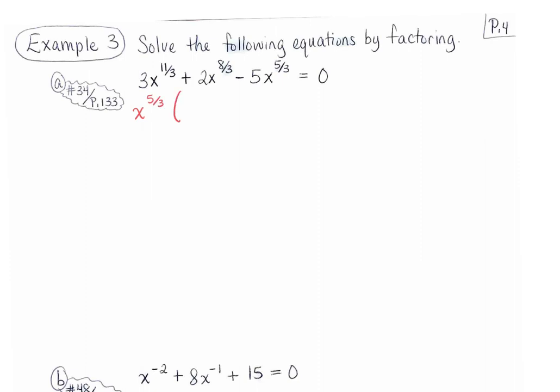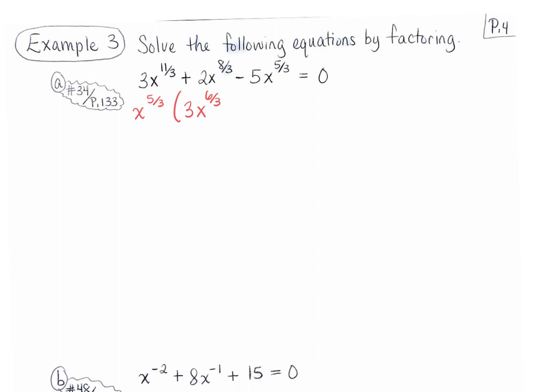And whenever we do, that's going to leave us with 3x to the 6/3, right? Because whenever you multiply x to the 5/3 times x to the 6/3, that means you add the exponents. So that would be 5 plus 6 over 3. That will give us 11/3, okay?